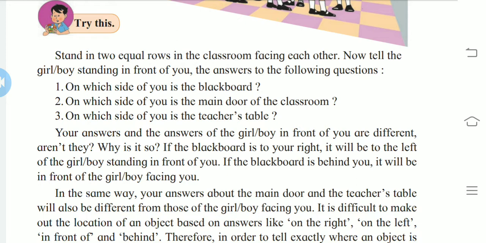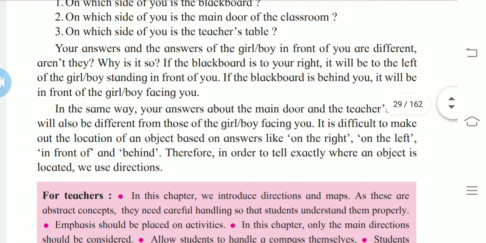Why is it so? If the blackboard is to your right, it will be to the left of the girl or boy standing in front of you. If the blackboard is behind you, it will be in front of the girl or boy facing you. In the same way, your answers about the main door and the teacher's table will also be different from those of the girl or boy facing you.